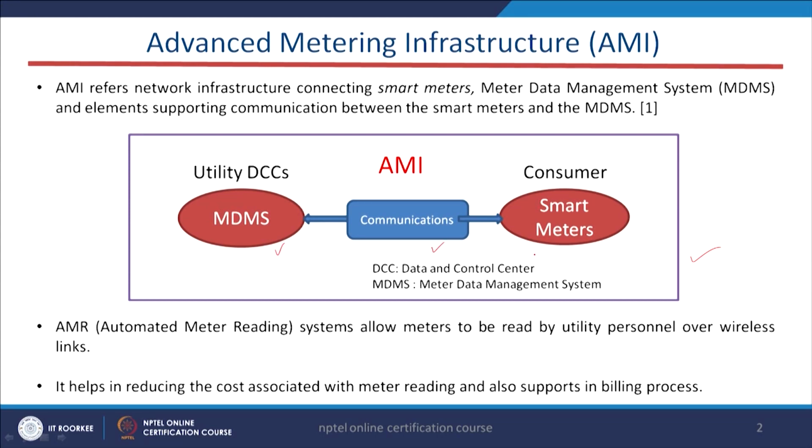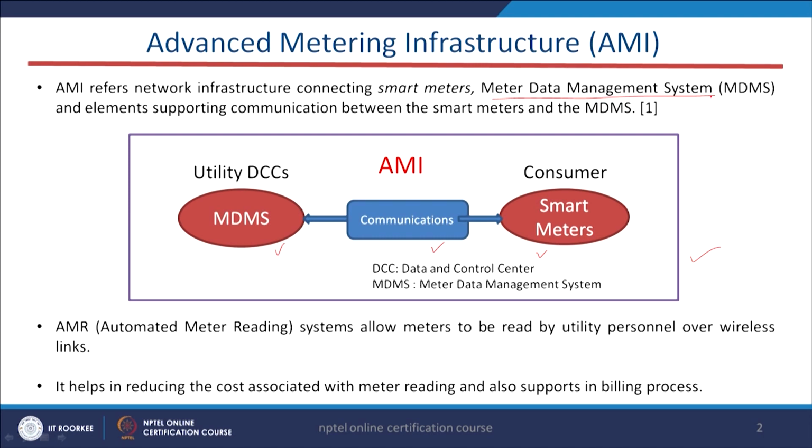Coming to this AMI basic block diagram, you will see that it consists of 3 components. The first one is the MDMS, which stands for Meter Data Management System.